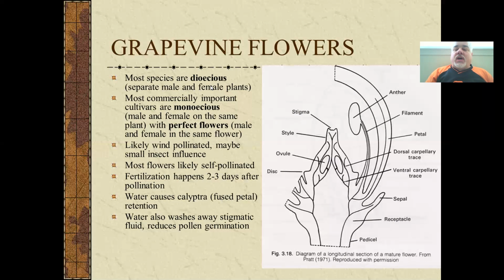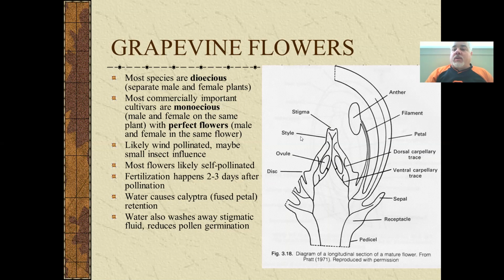Most species of grape in the wild have separate male and female flowers on separate plants. And so if you have male and female plants separated, you call that a dioecious plant. Di meaning two, and dioecious plants are separated with male plants and female plants.